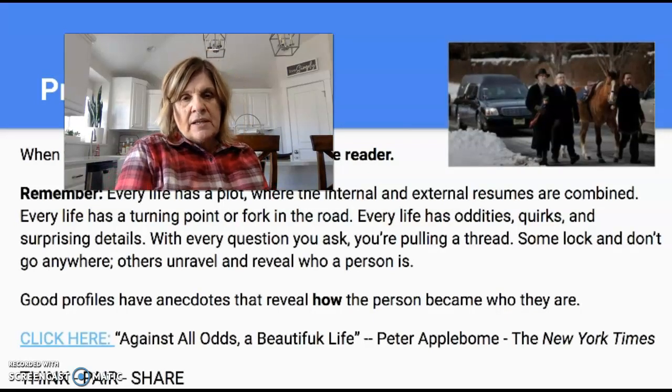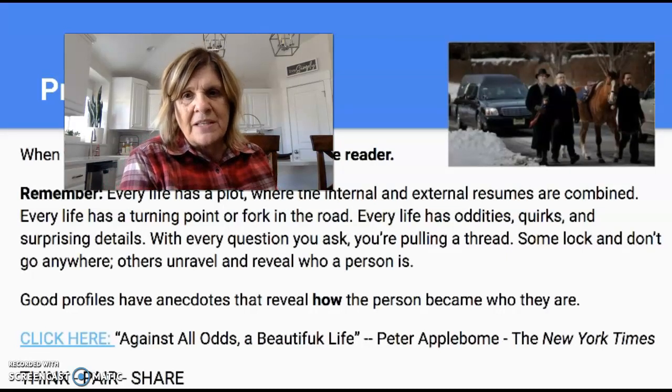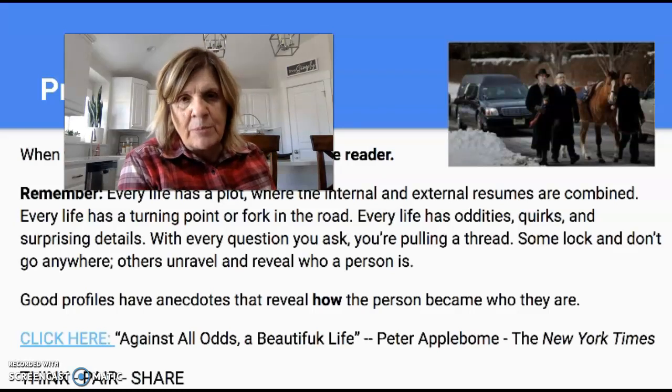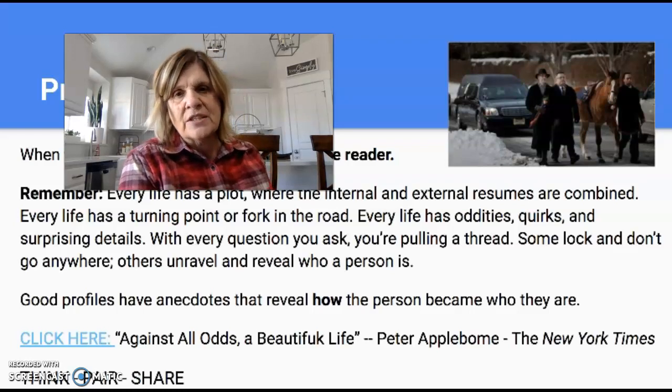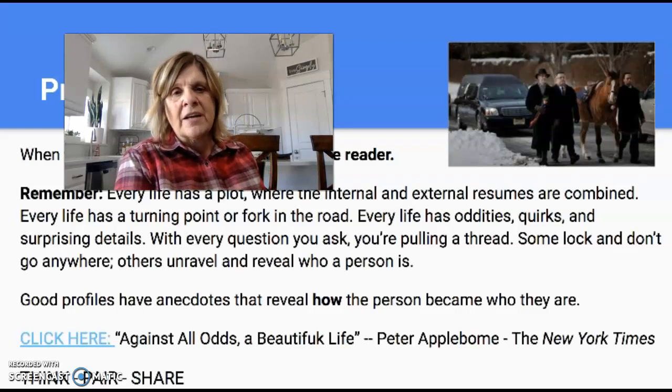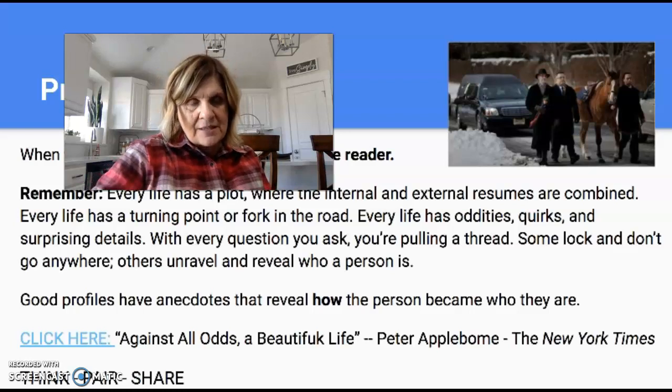part. Every life has a plot where the internal and external resumes are combined. Every life has a turning point or fork in the road. Every life has oddities, quirks, and surprising details. With every question you ask, you're pulling a thread. Some lock and don't go anywhere. Others unravel and reveal who a person is.